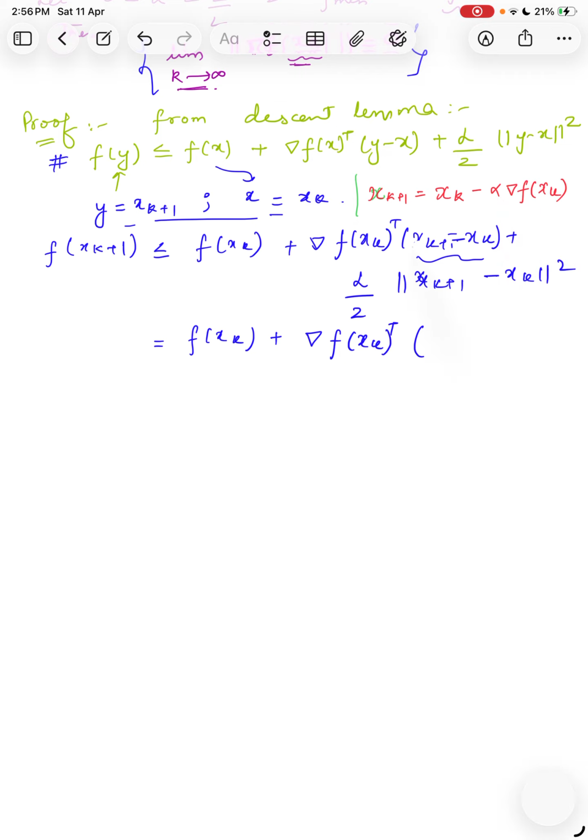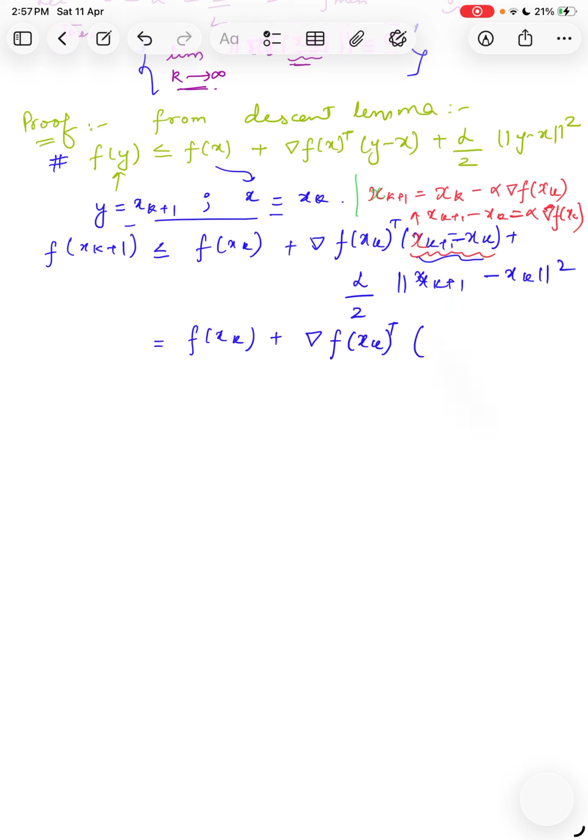So from here you can use xk plus 1 minus xk is equal to minus alpha times the gradient of f at xk. So we will use this thing to solve our problem.